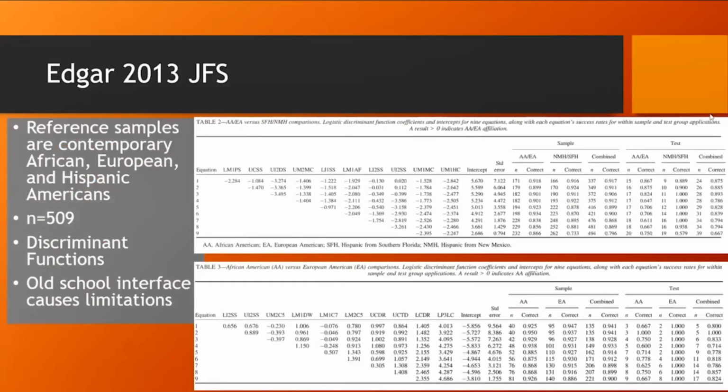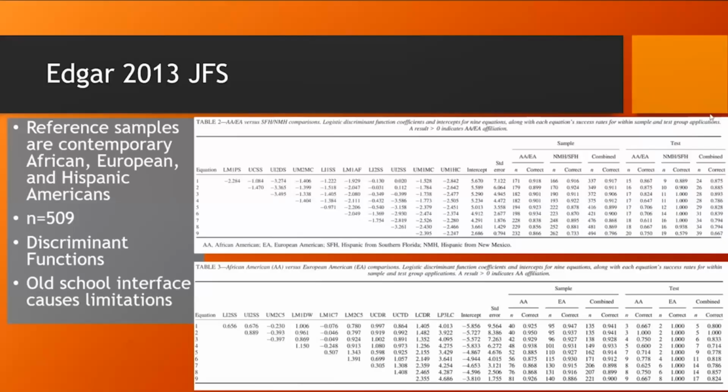This is a published paper that provides the user a bunch of regression equations that they can use to compare the observations that they see in an unknown individual to data that's been gathered from reference individuals. The reference samples are contemporary African American, European, and Hispanic Americans.